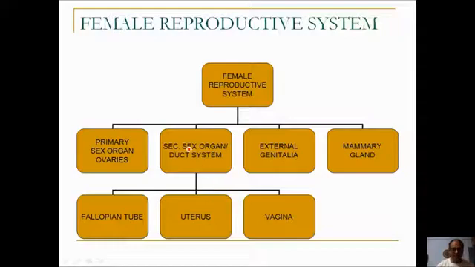If we see the flow chart again, it will make it easy to understand. The female reproductive system is mainly made up of the primary sex organ, the ovary; the secondary sex organs, the fallopian tube, uterus and vagina; the external genitalia; and the mammary glands.